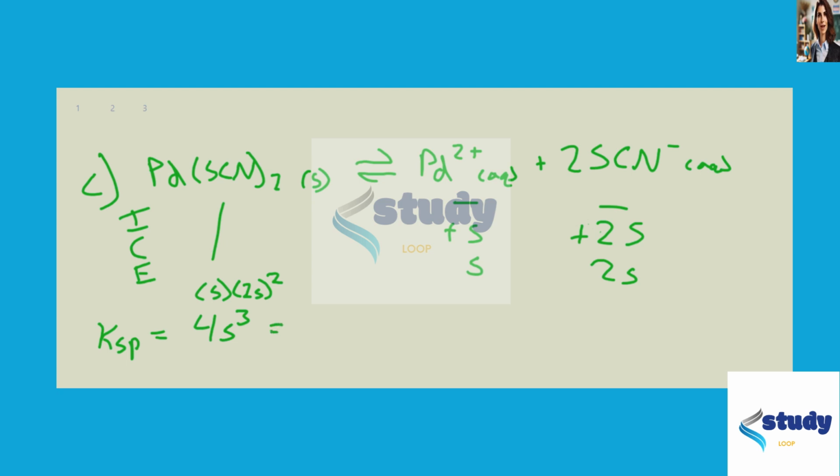And so when we plug in the value that we're given for S, which is 2.22 times 10 to the minus 8, cubed, we get a value of 4.38 times 10 to the minus 23.